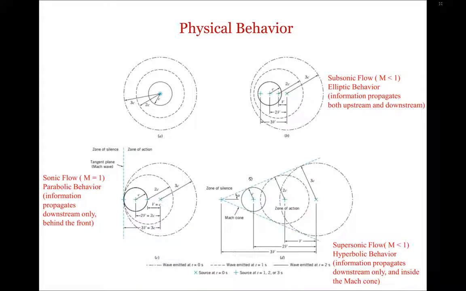The distances from this point, from 3C to 2C is V, C to 3C is 2V, and from the center point to 3C is 3V. So these are the physical behaviors of supersonic, subsonic, and sonic flow. This is the end of the lecture today: the detailed physical behavior and mathematical behavior of the equations.